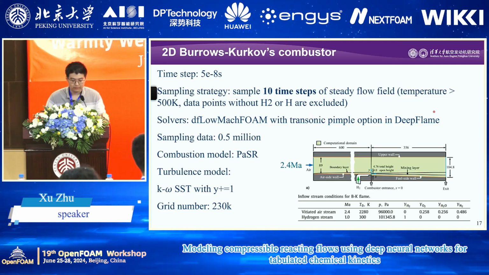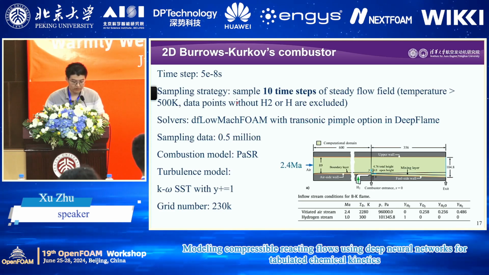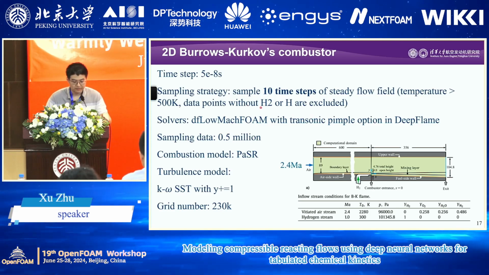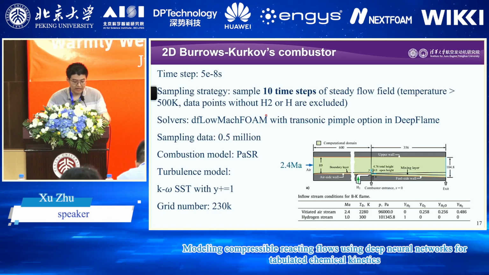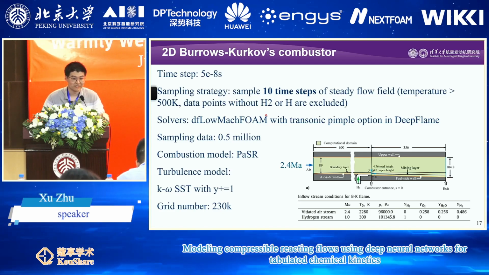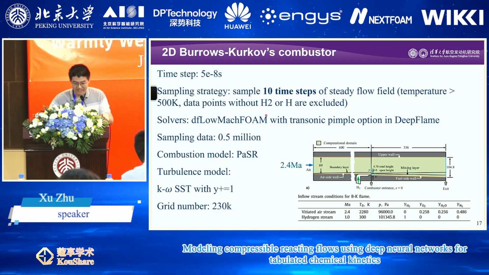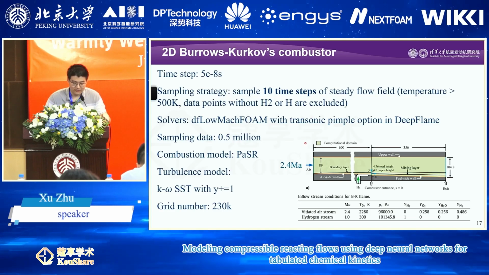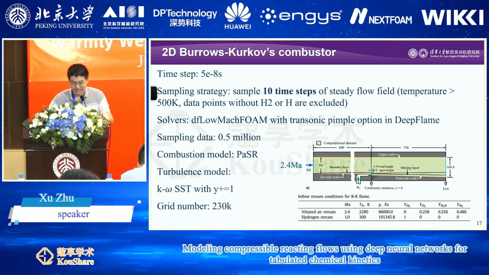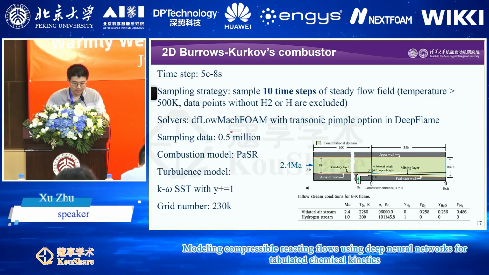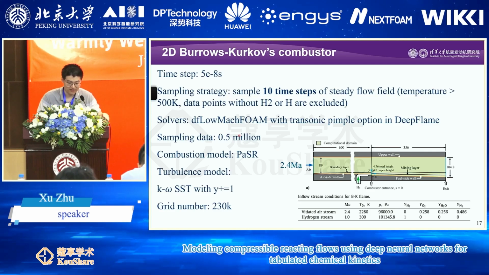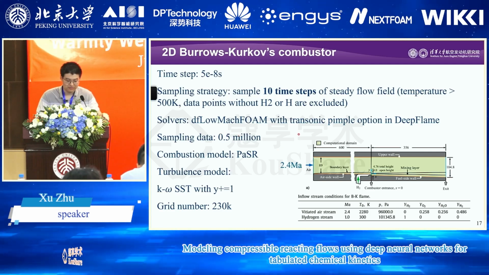We only sample the region where the temperature is over 500 K, and the data points without hydrogen or H elements are excluded, because reactions cannot happen there, since it's a non-premixed case. The solver we apply here is lowMachNumberFoam with the transonic PIMPLE option.